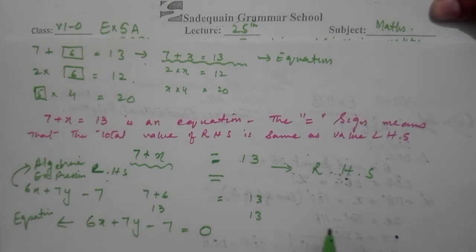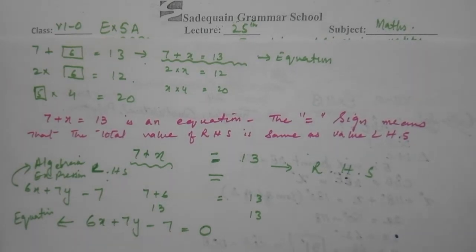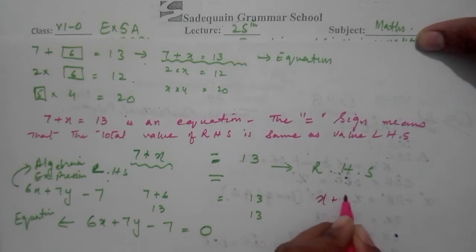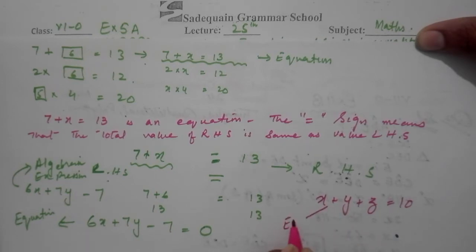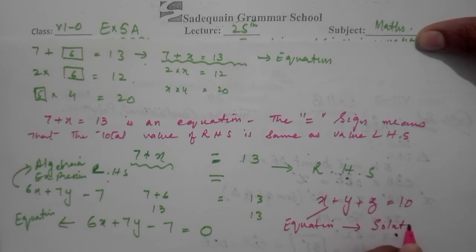Same, like if I write x plus y plus z is equal to 10, this is also an equation. And this equation also always has a solution value. Now what is the solution value?